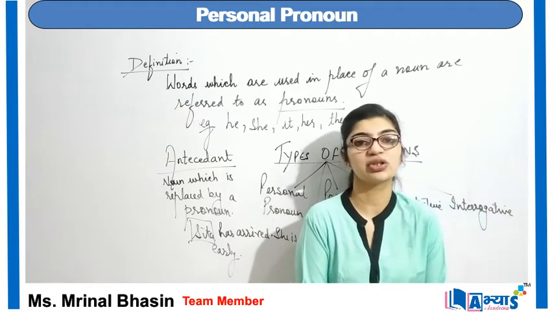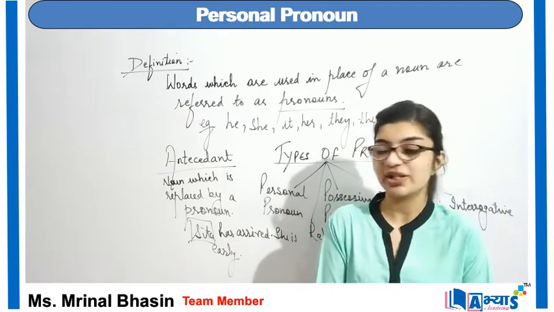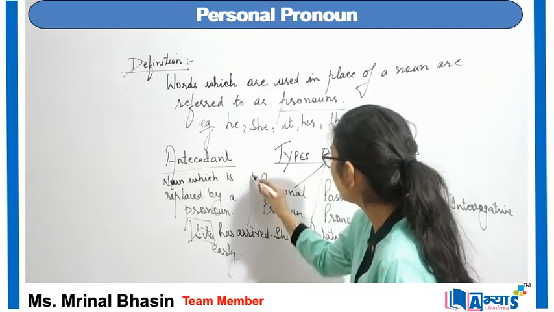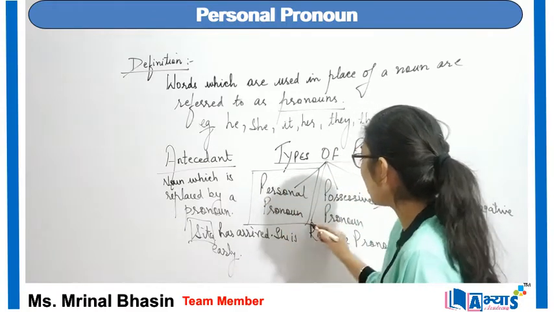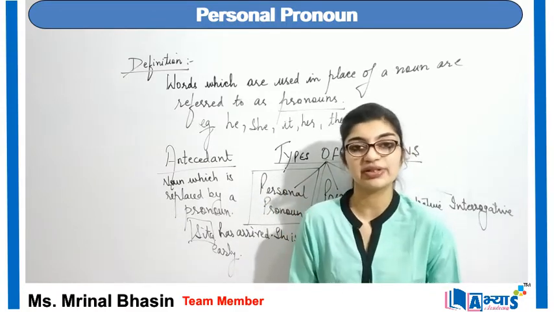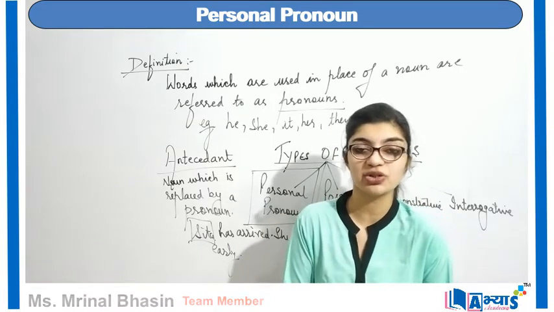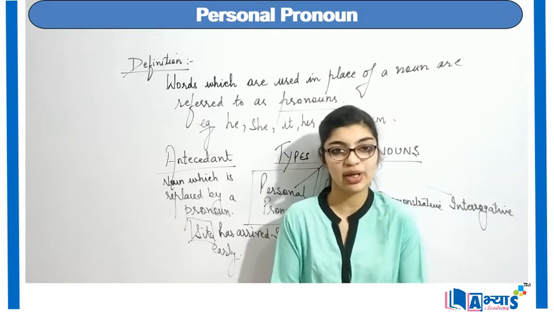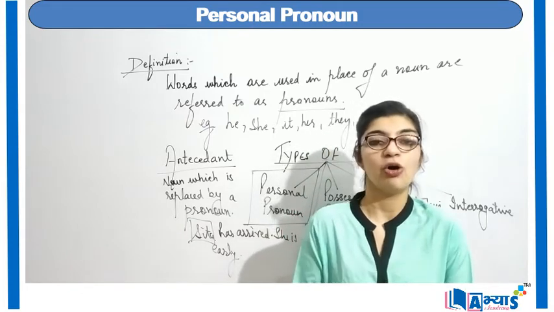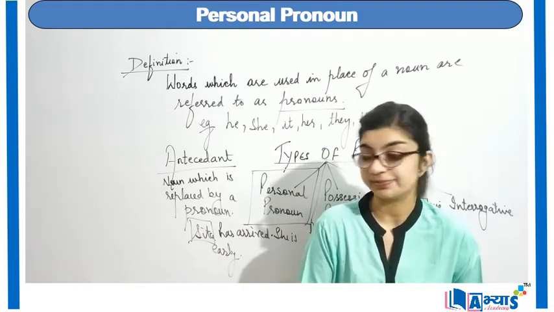Now, coming up to the types of pronouns. In this video, first we are going to discuss personal pronouns, as to what are personal pronouns. Personal pronouns are the type of pronouns which are associated with a particular person or a particular thing.